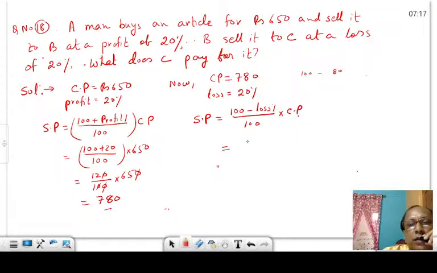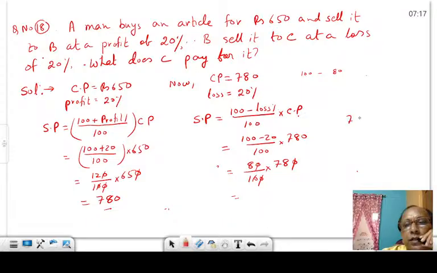Therefore we are getting 100 minus loss, 20, by 100 into cost price, 780, right? Therefore we are getting 80 by 100 into 780.